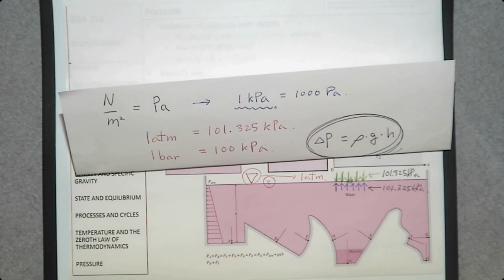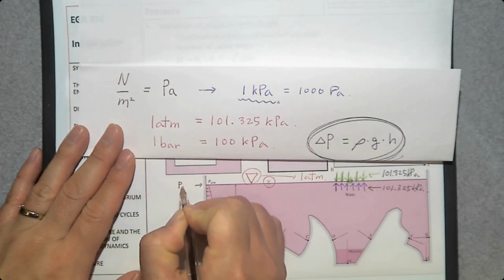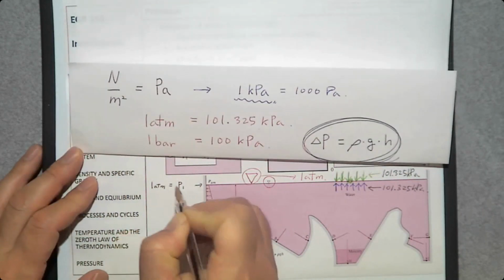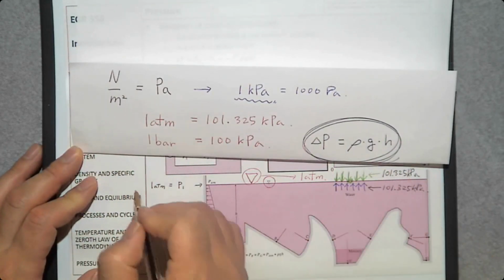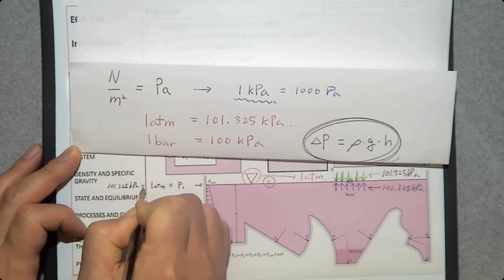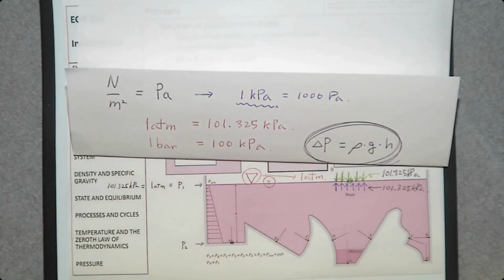So the pressure at this point, let's say P1, is 1 atm, or we can say 101.325. They are the same thing. Then what about the pressure at point A? I'm going to say this is P2. Then we can use this delta P equals rho g h.